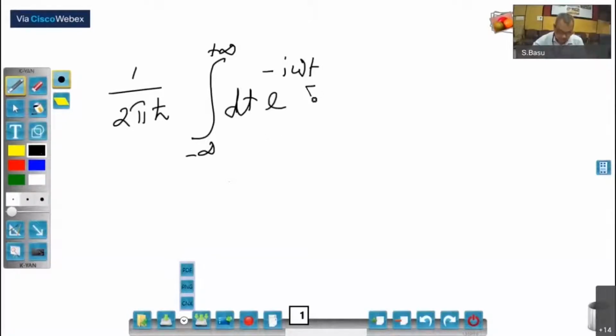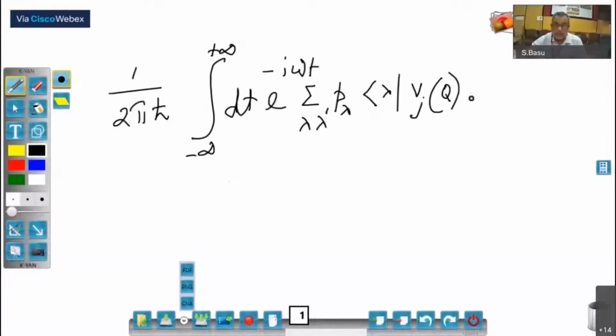Now this is the Fourier transform multiplied by.